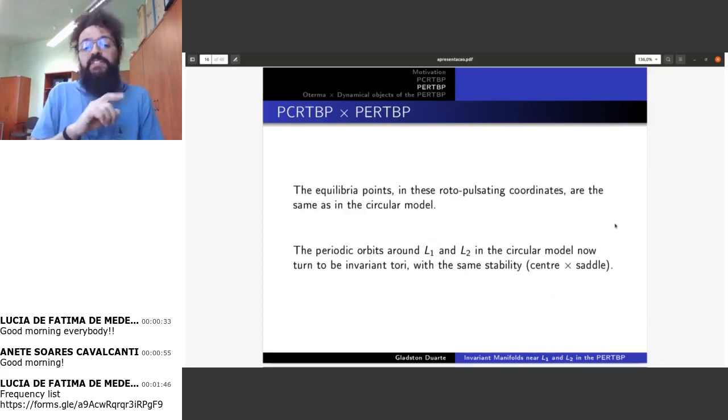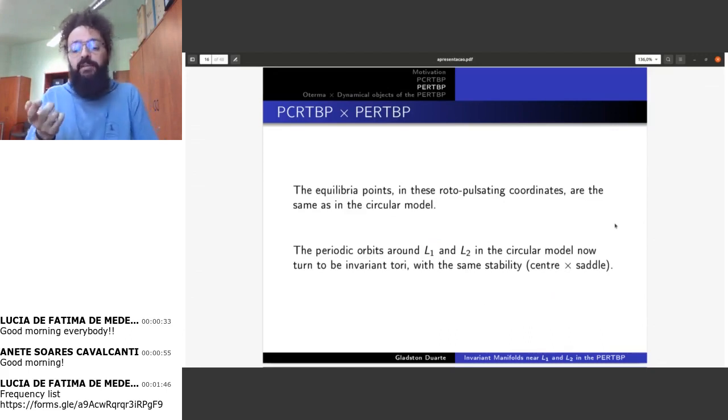But now the periodic orbits turn out to be invariant tori, because you have an orbit that is perturbed, and if the frequencies are not commensurable, it is a quasi-periodic orbit that lies on different tori.